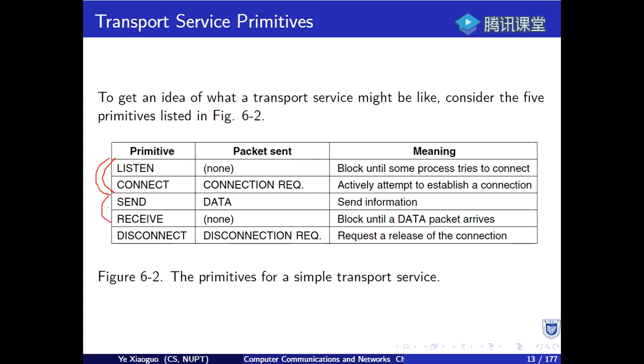Send and receive are used to send and receive information over the network. Disconnect is used to release the connection. So these five primitives are the backbone of the transport service.